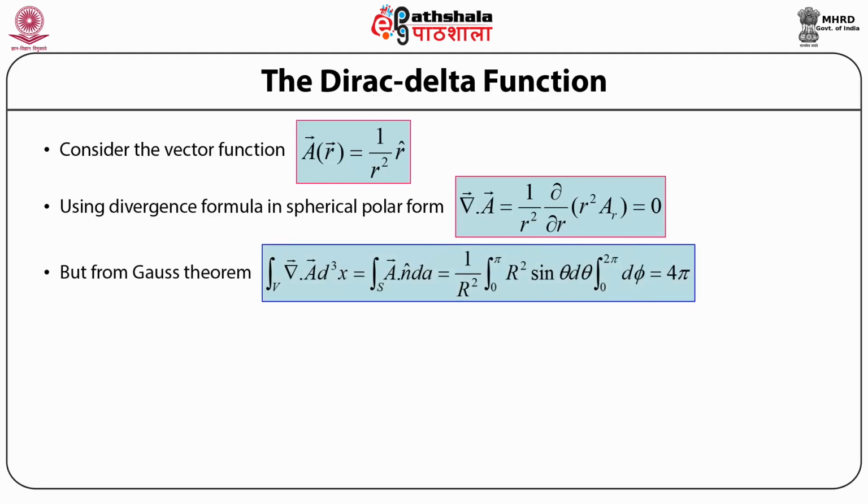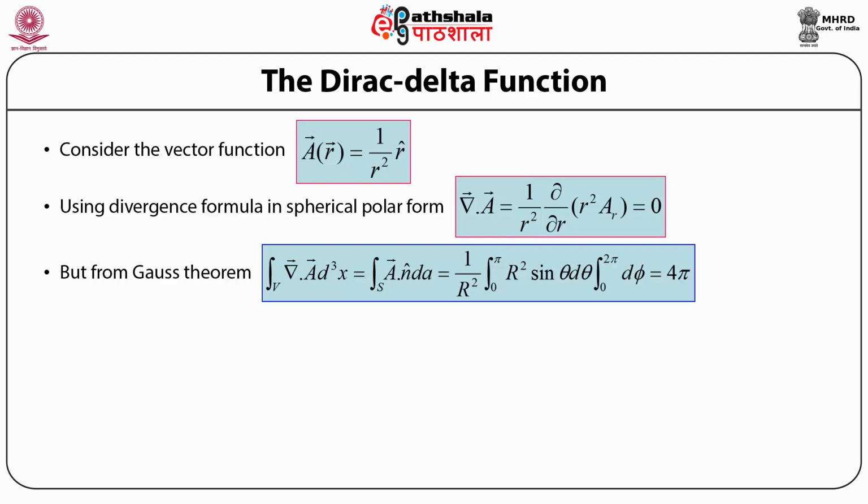But if we look at Gauss's divergence theorem, then the volume integral of the divergence of the vector A over the volume element d cube x is equal to the surface integral of the vector A dot unit vector n times dA, where n is the unit normal of the surface element dA.